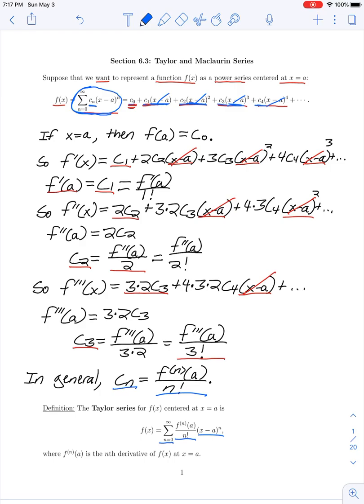So this power series representation of a function is what is called the Taylor series of that function, centered at x equals a.